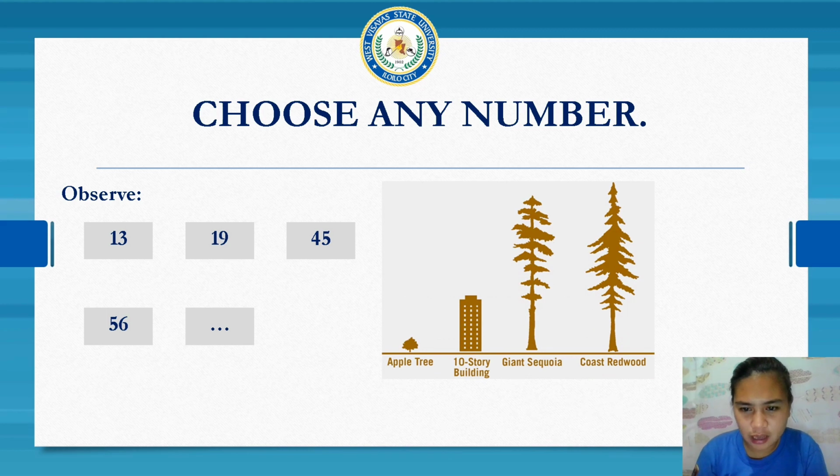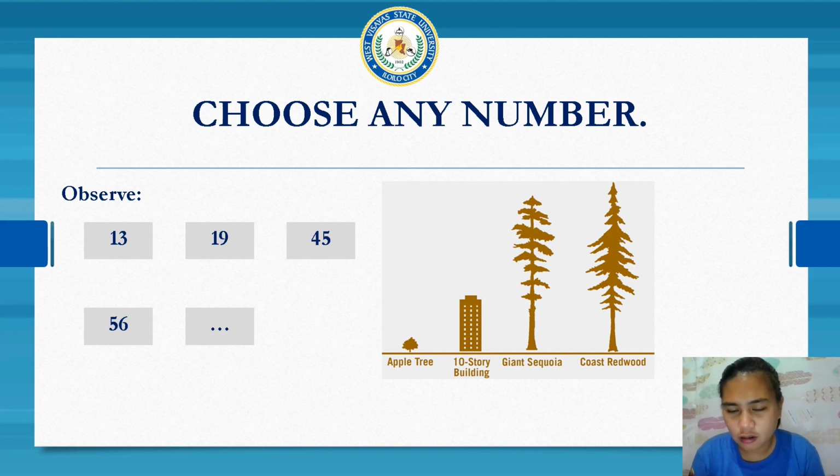Let's have another example. Let's have this comparison of heights. We have the apple tree, the 10-story building, the giant sequoia, and the coast redwood. If you can see the apple tree and the 10-story building, we can compare that the 10-story building is greater than the apple tree.